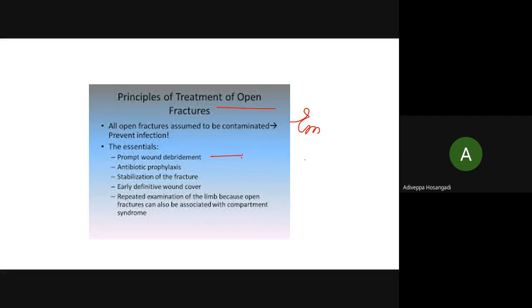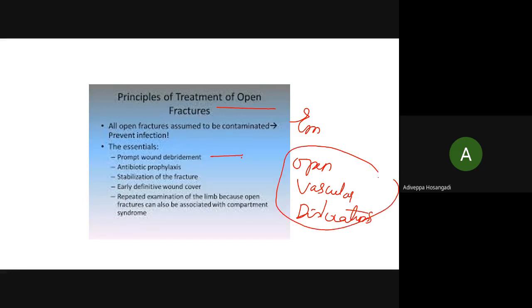Orthopedic emergencies are open fractures, vascular injuries, and dislocations. A simple fracture can wait. You just immobilize because there is a lot of pain. Once you immobilize, the pain is taken care of. They are not emergencies. You can plan the surgery very well.